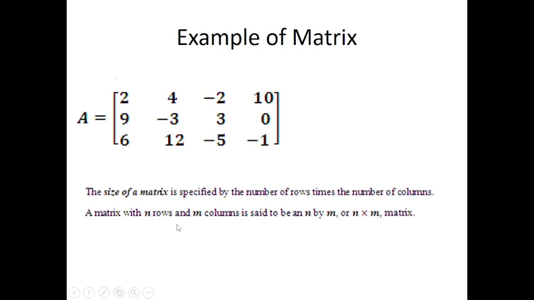A matrix with n rows and m columns is said to be an n by m matrix. The by can be written as the multiplication symbol, n times m, but we read it as n by m.